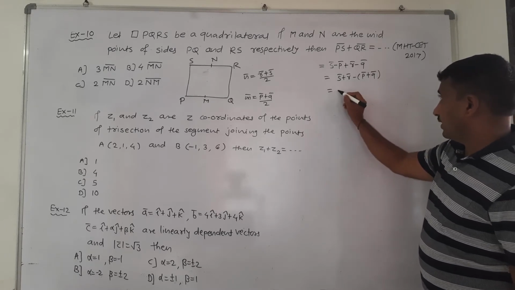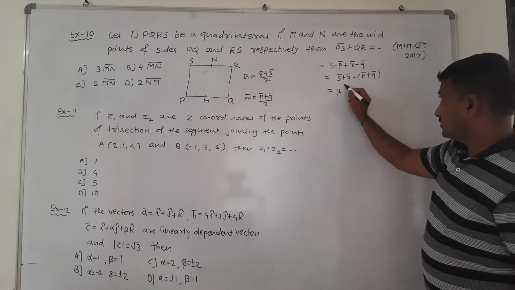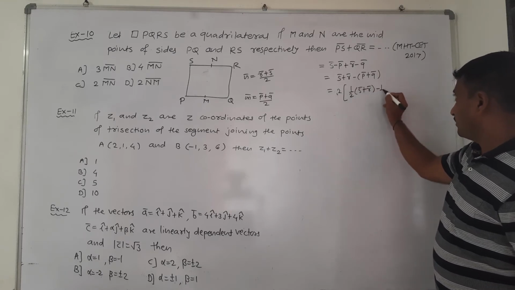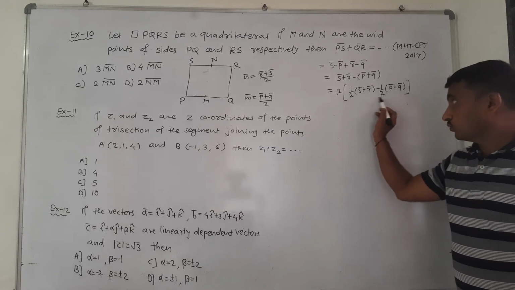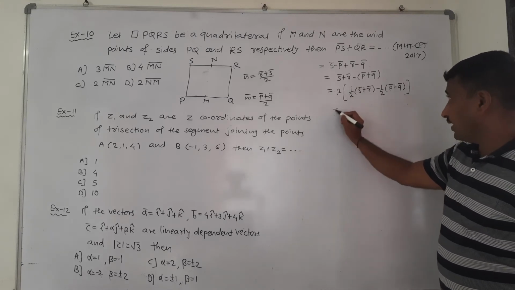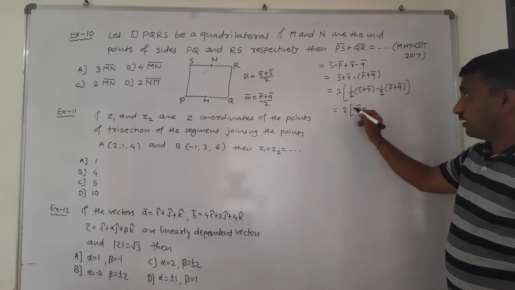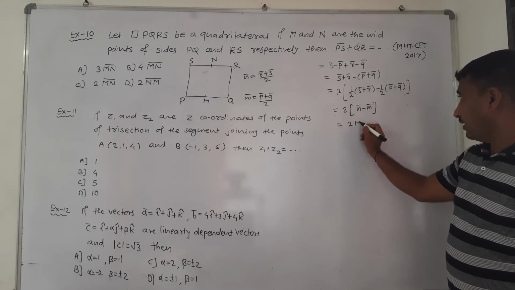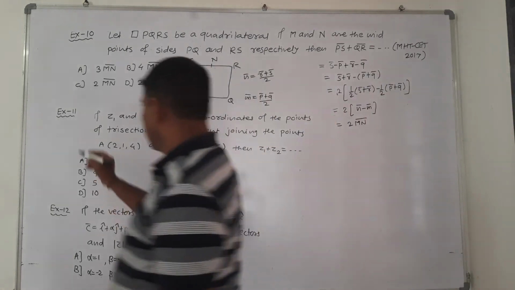I adjust 2 times, with 1 by 2 inside the bracket: 2 times, 1 by 2 times S bar plus R bar minus 1 by 2 times P bar plus Q bar. S bar plus R bar upon 2 is N bar, minus P bar plus Q bar upon 2 is M bar. Now N bar minus M bar is MN bar. 2 times MN bar, that is C option.